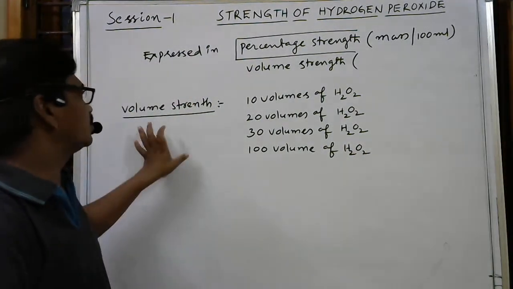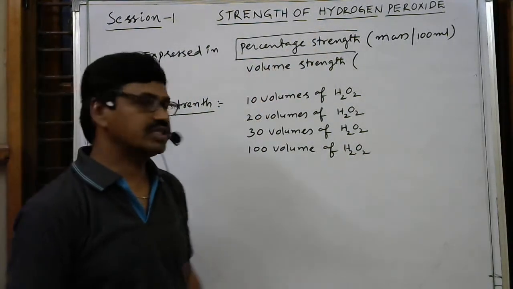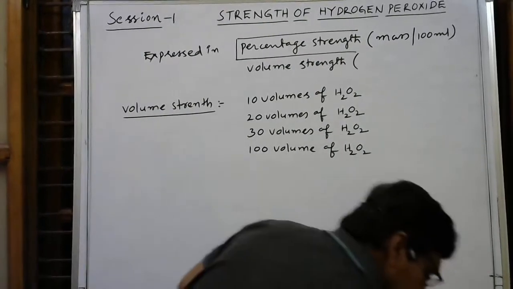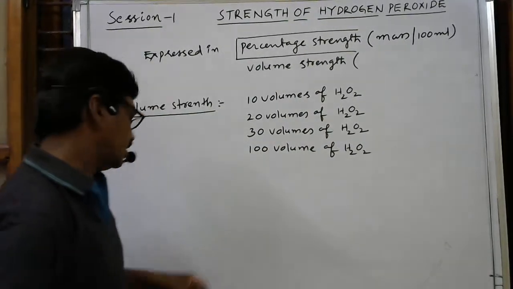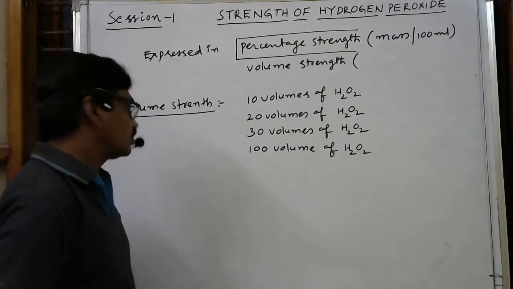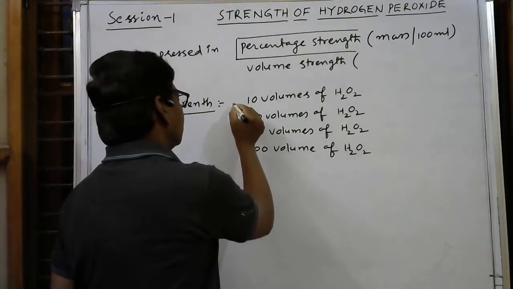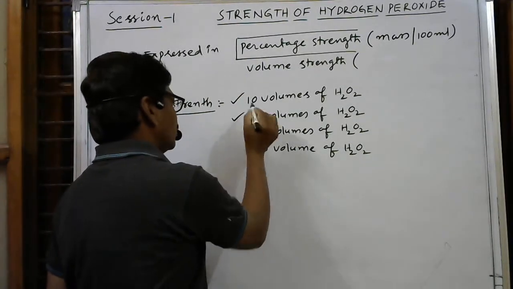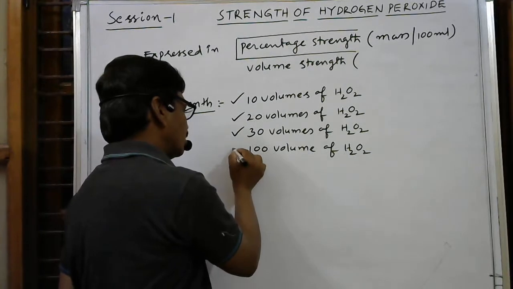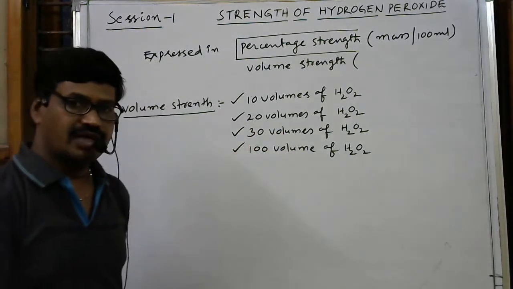So volume strength of hydrogen peroxide H2O2 is expressed as 10 volumes, or 20 volumes, or 30 volumes, or 100 volumes, etc., as you wish.